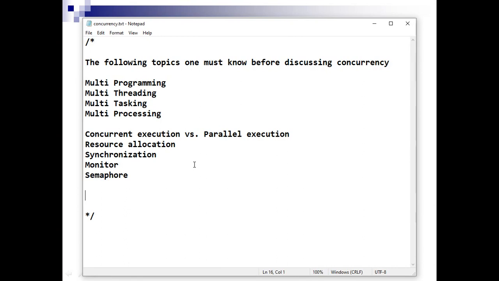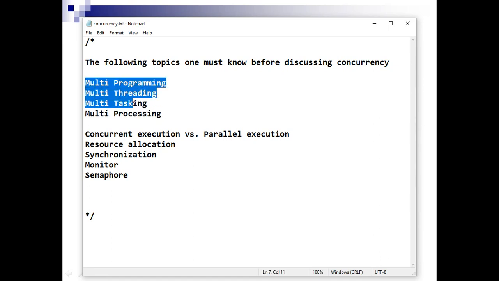Before moving on to the discussion of multi-threading, these are the basic concepts one must know: multi-programming, multi-threading, multitasking, multiprocessing. These are 4 different terminologies that are very confusing, and most students get confused between them.